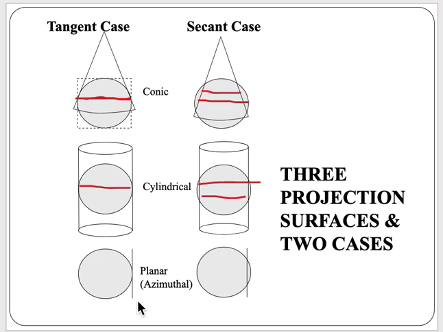And then for a planar, we have one point of contact rather than a line of contact for the tangent case, and then for the secant case, you'll have one line of contact. So again, tangent is one line of contact or one point of contact, and then secant case is two lines of contact. Or for planar, it will be considered as one line of contact.